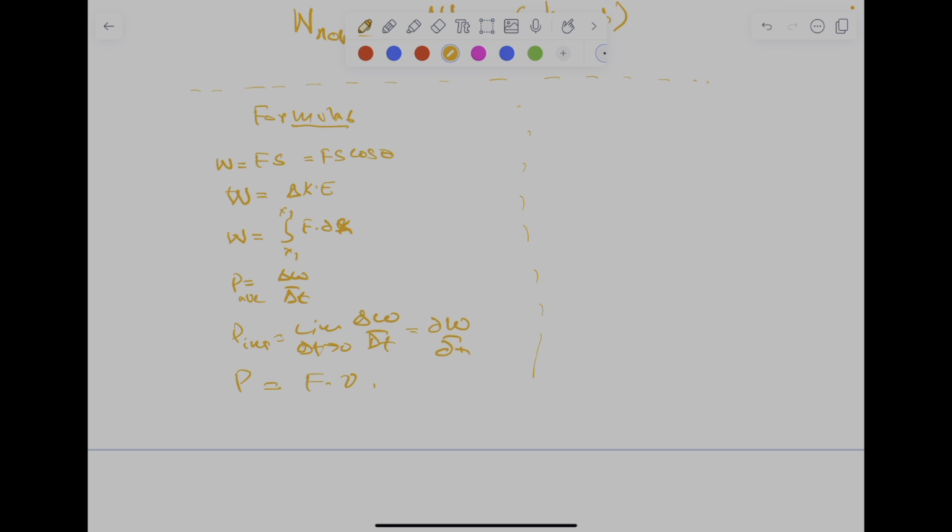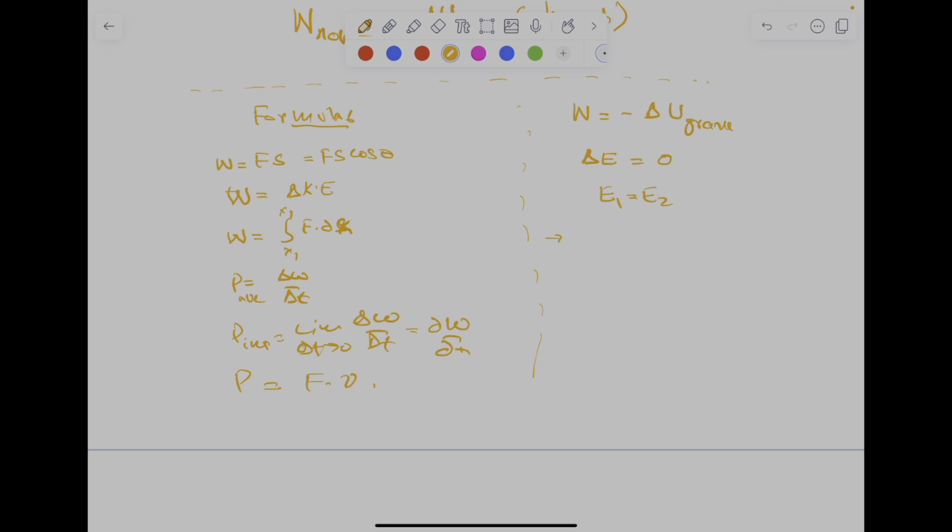For chapter 7, you learned that your work is stored in terms of the gravitational potential energy. For the force of gravity, your energy is conserved, which means E1 equals E2.